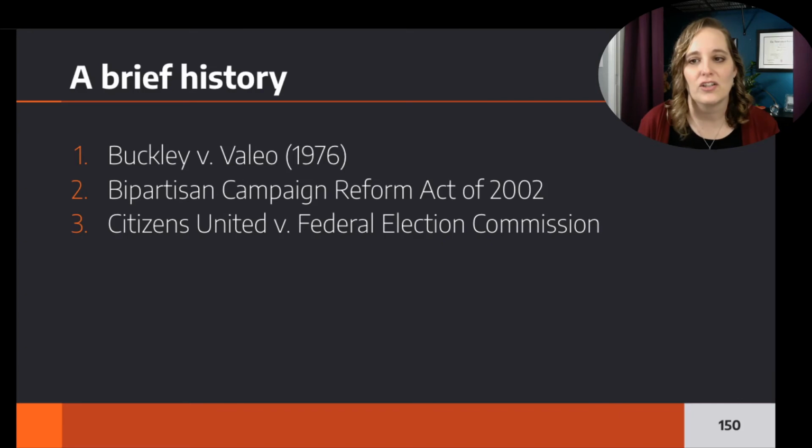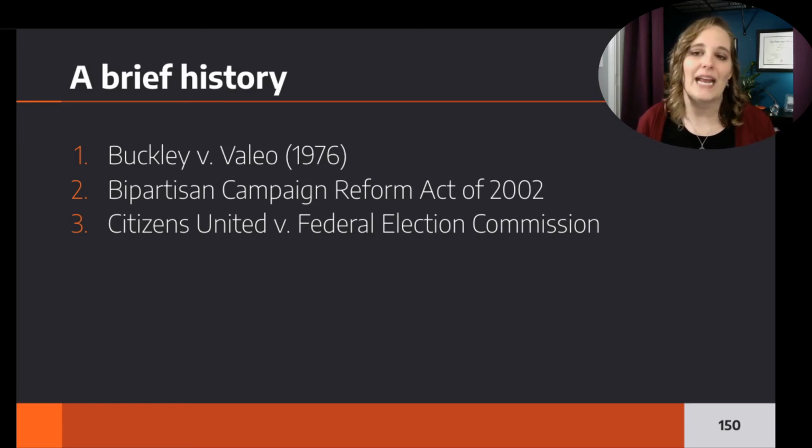BICRA placed restrictions on soft money, so it decreased the amount of money that political parties could be given, but it increased the amounts of hard money that could be given. While this seems a little crazy, what it actually did was make it so that the money that is unregulated was decreased.